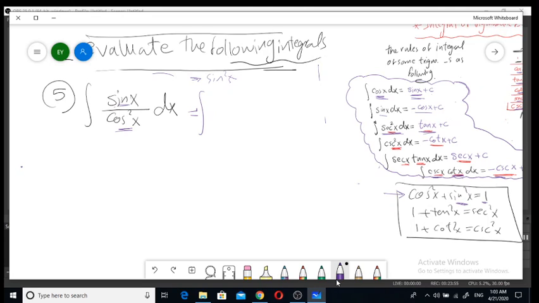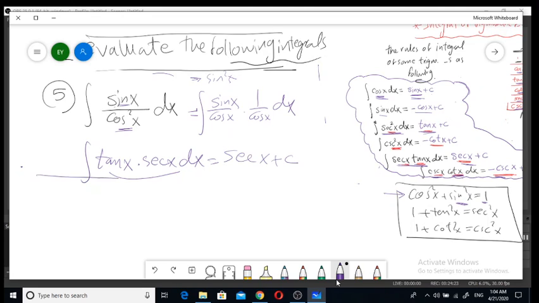So if we distribute cosine squared x to be cosine x times cosine x, so we have sine x over cosine x times 1 over cosine x dx. And we know that sine over cosine will give us tan x times the reciprocal of cosine, which is sec x dx. So easily we can find the integration of tan x sec x, which is sec x plus c.